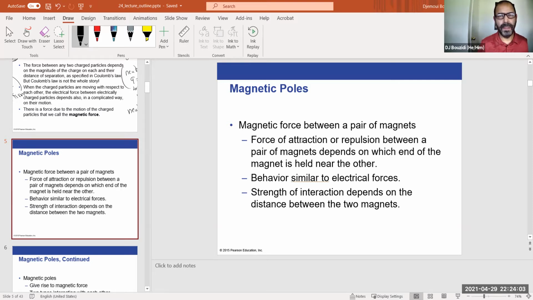That is true, okay? However, if one of them is stronger than the other, it can reverse the polarity of the other one. If it was north, but strong north, and the other one was north, but a weak magnet, it can reverse the polarity of this magnet and make it behave like it's a south, so it's going to attract it, okay?